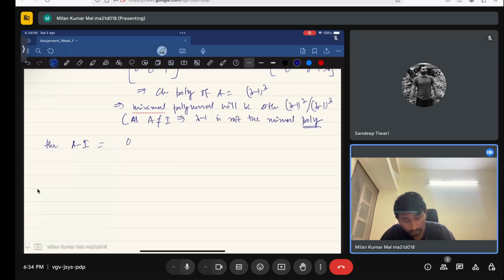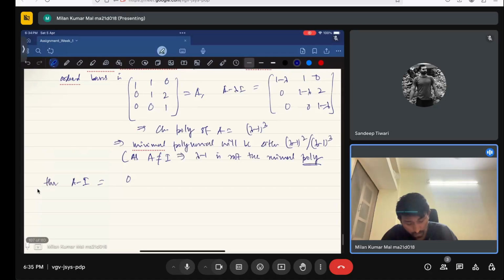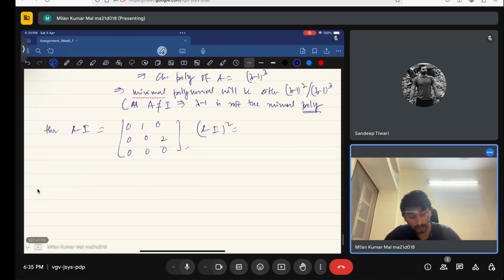It will be 0 1 0, 0 0 2, 0 0 0. Therefore (A minus I) whole square is this matrix squared. The first term will be 0, the second term will be 0, the third term will be 2, and all the rest will be 0. I think this is correct.